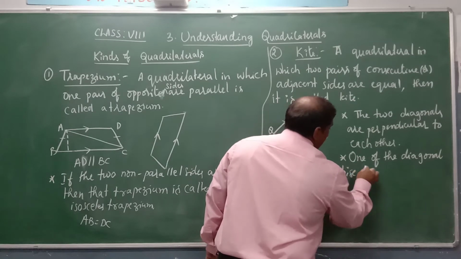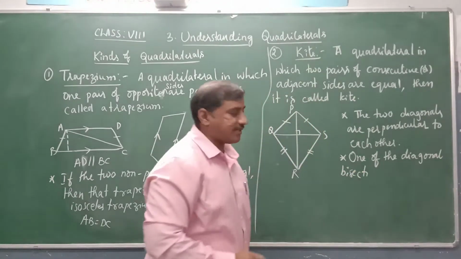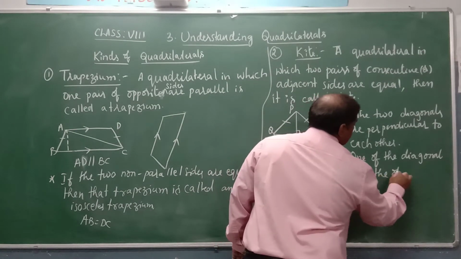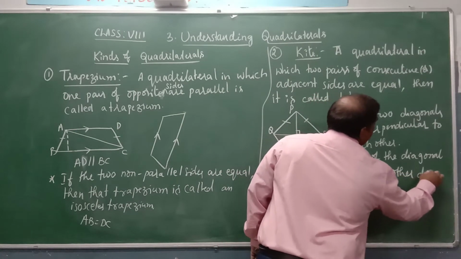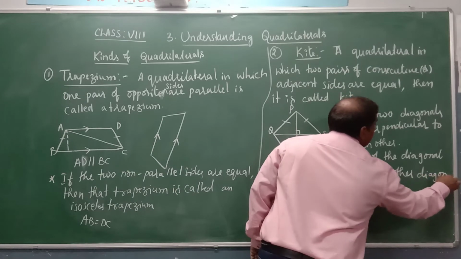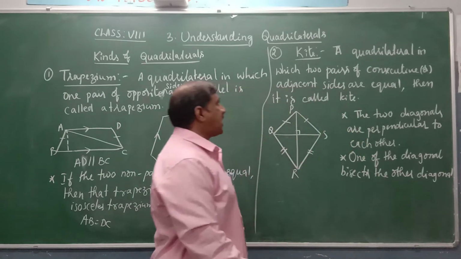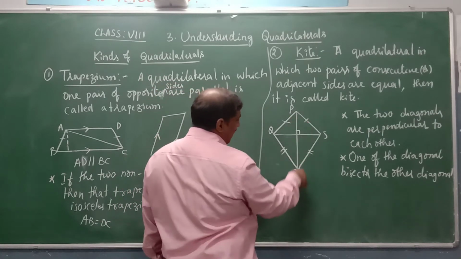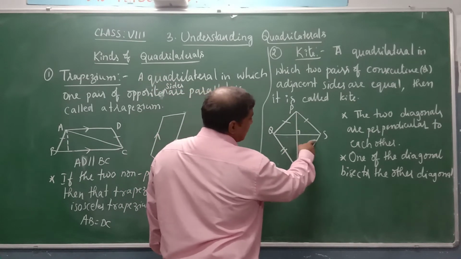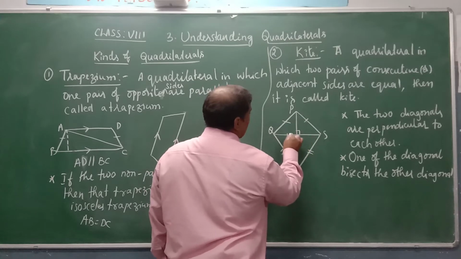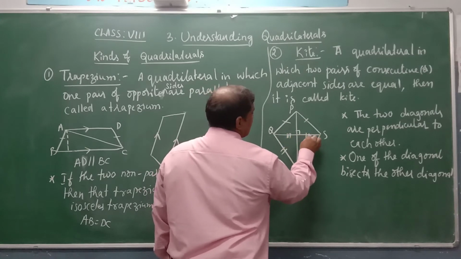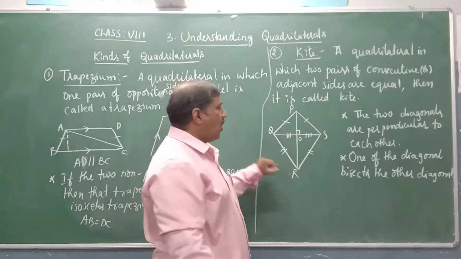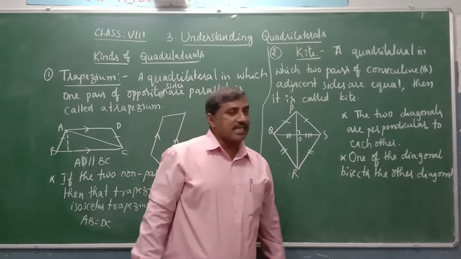Bisecting means dividing into two equal parts. So this is also one of the properties of a kite. Here PR is the diagonal dividing QS into two equal parts, that is OQ is equal to OS.